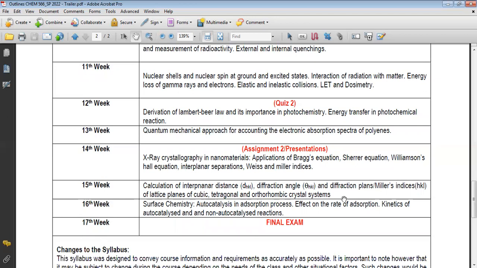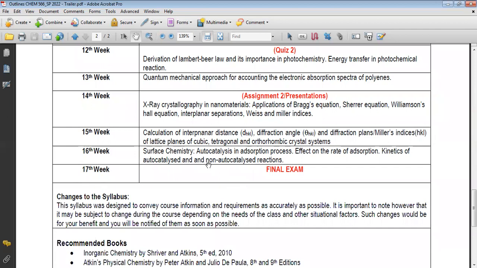All these are the different parameters you can learn from this course.